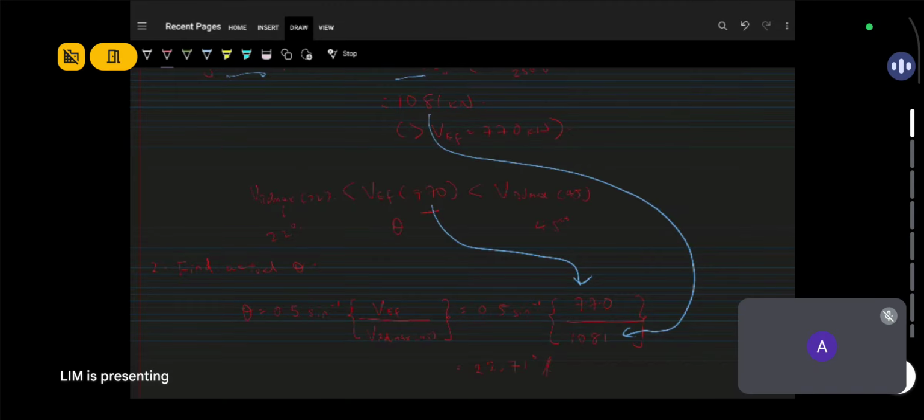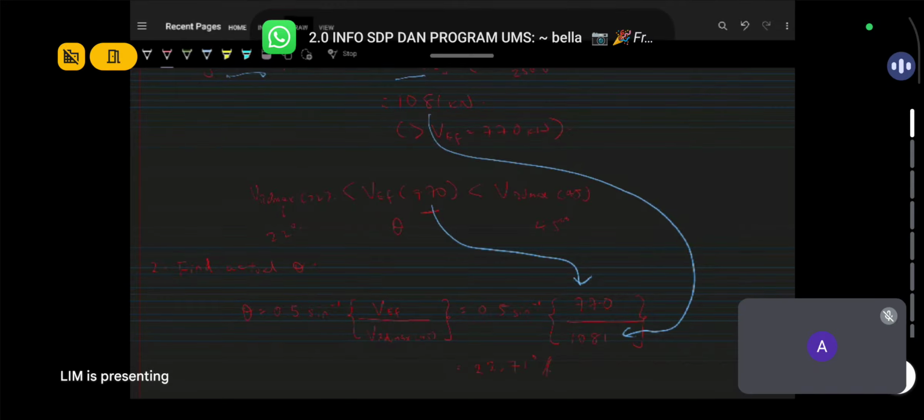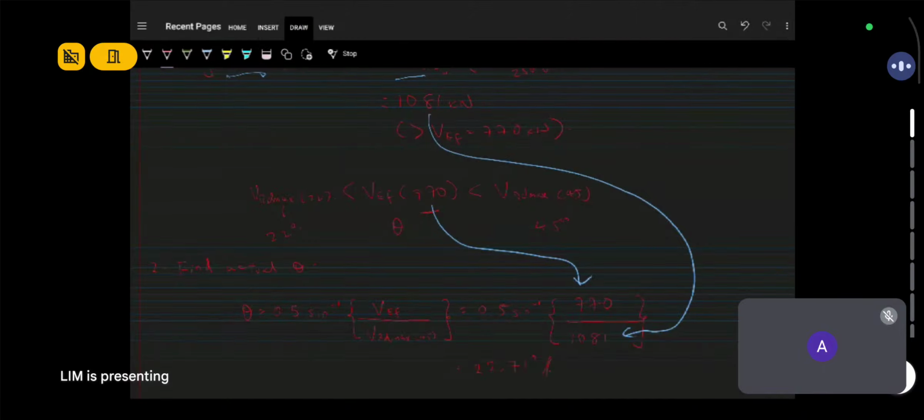You get 22.71 degrees, so that's the actual angle. It's just a little bit more than 22, only 0.71 degrees more than the minimum angle allowed.